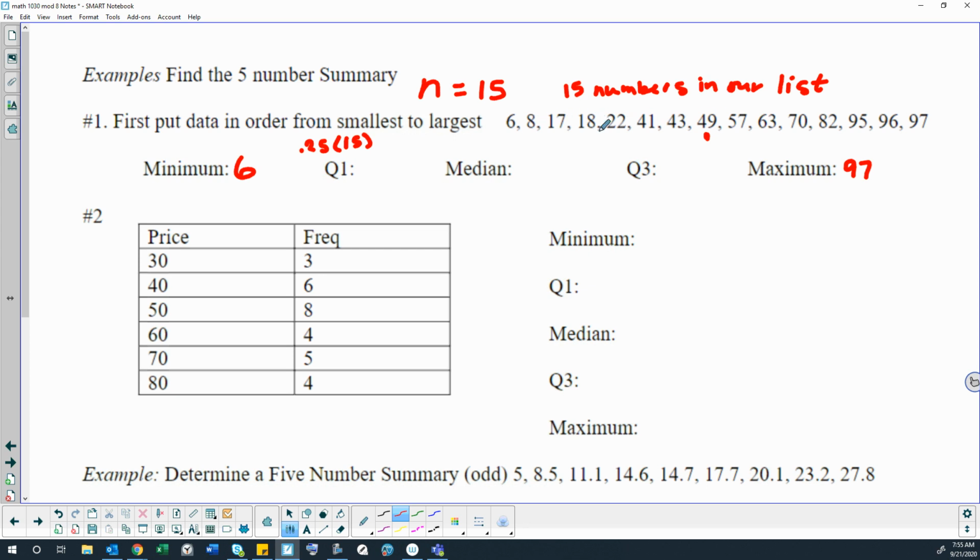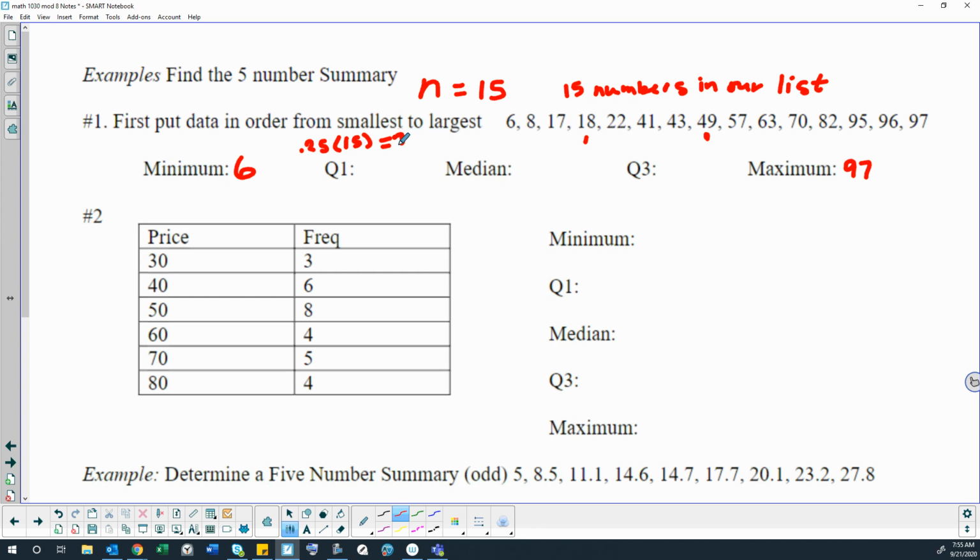Did it come out evenly? What did it come out as? 15 times 0.25 is what? Okay, it should be 3.75, isn't it? So we round it to 4, and then that tells us we're looking at the 4th number, right?